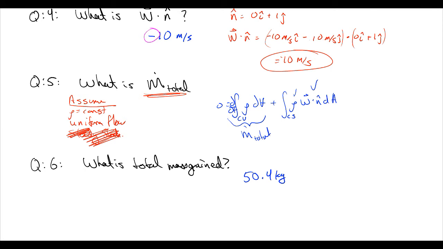So 0 is equal to m dot total plus, we don't have to do the integral, right? Because we assumed uniform flow. So we have our density of our rain times a negative 10 meters per second for our W dot N hat times our area, which is 2 meters squared. And remember, the density is equal to 7 times 10 to the negative 4th kilograms per meter cubed.